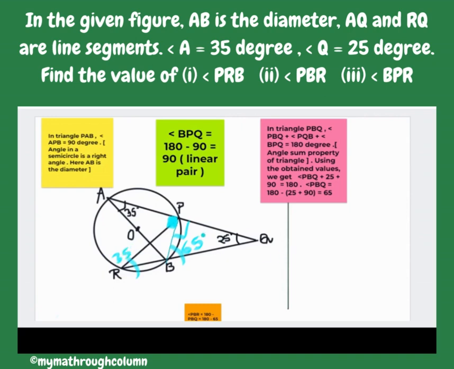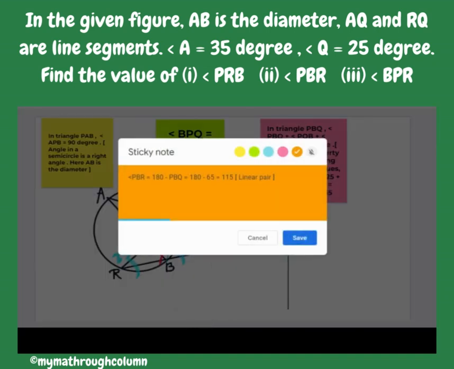So now as we have angle PBQ as 65, we can definitely now calculate the linear pair, which is angle PBR. What is that? 180 minus 65, that is 115, because they are linear pairs.